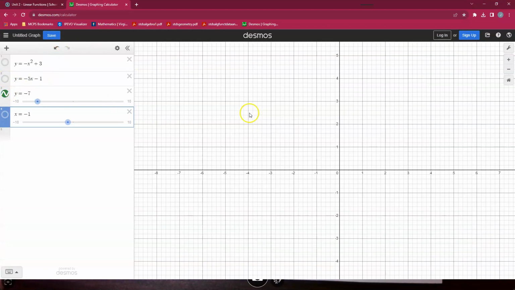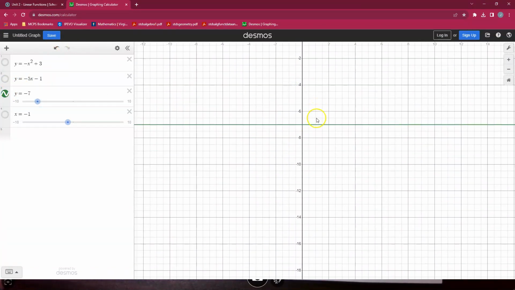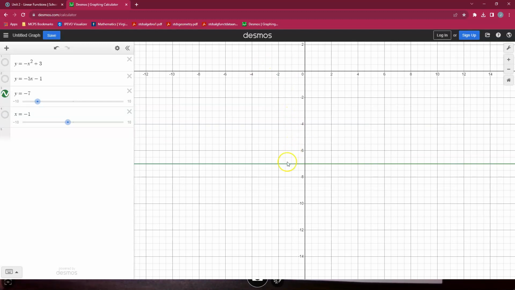Let me put the x-axis so you can see it. Now I'm looking at this and I want the domain. Every x I pick has a y that goes with it. So every x can be chosen. This would be 10, negative 7.